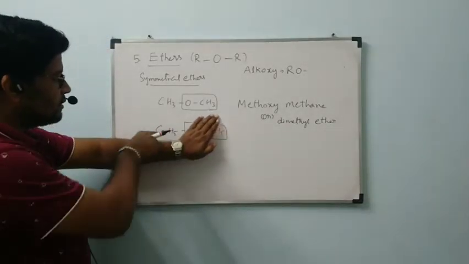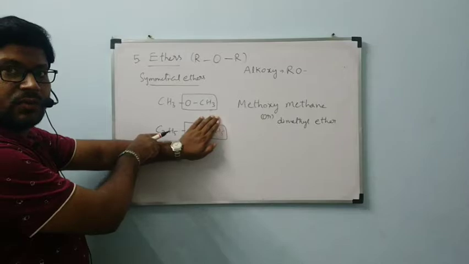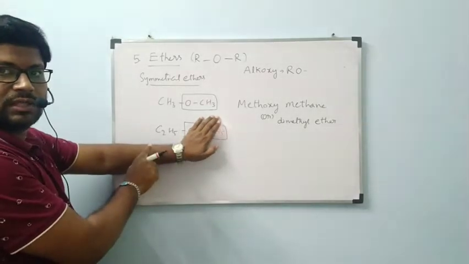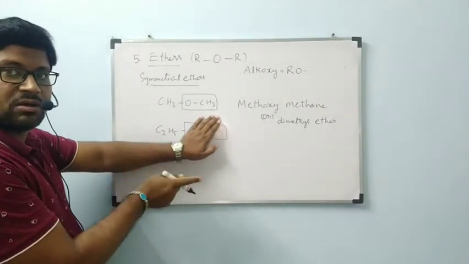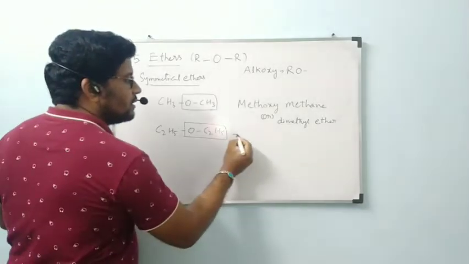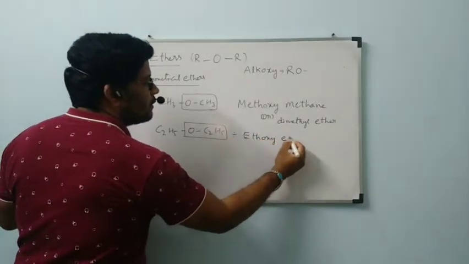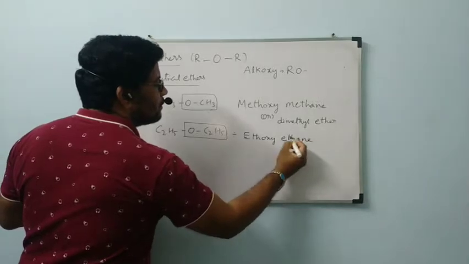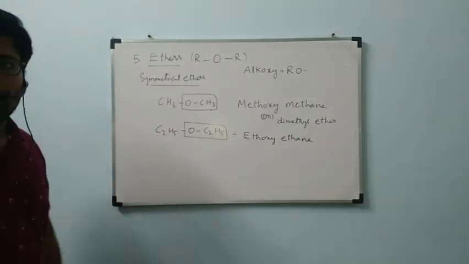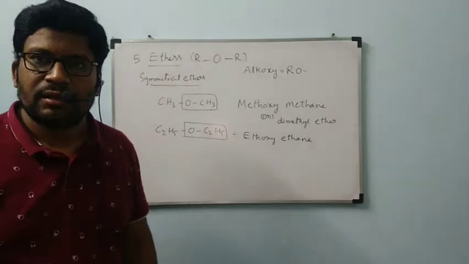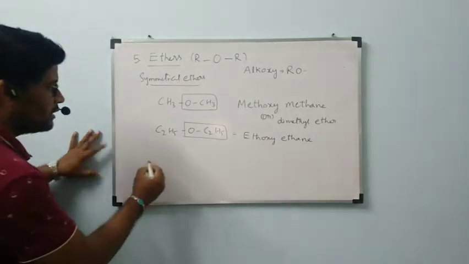Close this one. How many carbons are there? Two carbons, so ethane. The name of this compound is ethoxyethane.